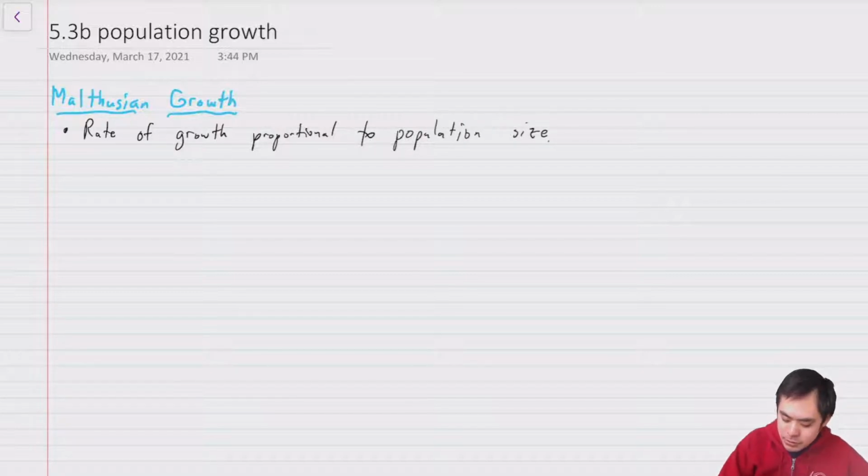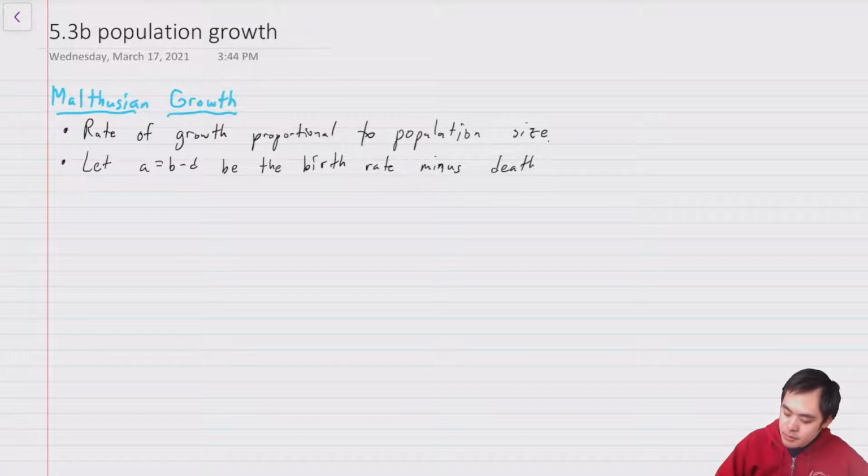Okay, so that's pretty easy, right? So let's let A equal B minus D be the birth rate minus death rate. And so A here is our proportionality factor.